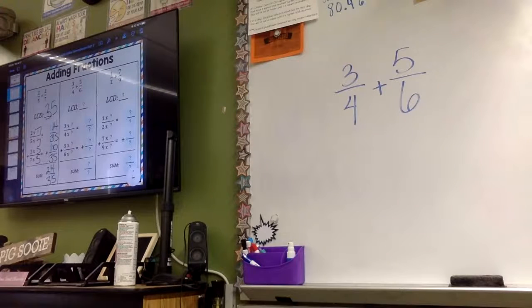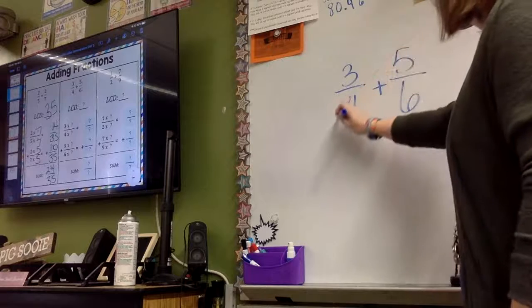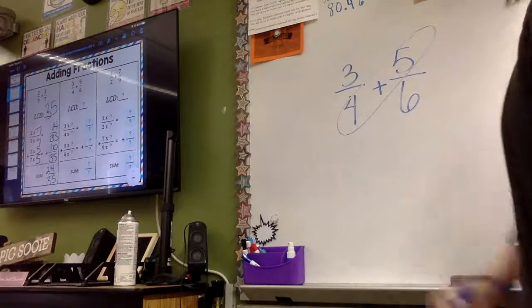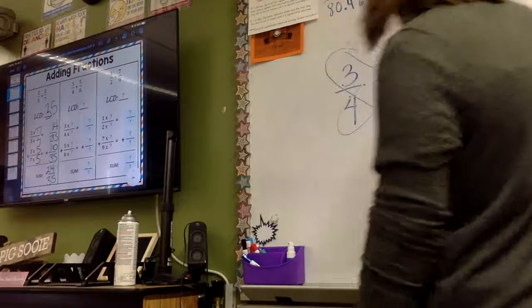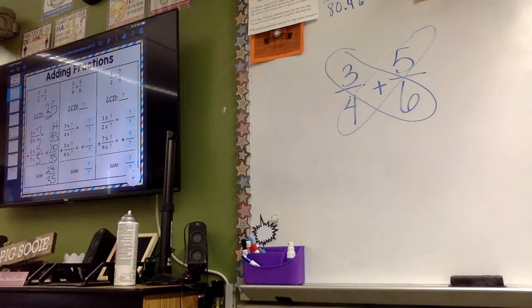There are my fractions. So in order to do the butterfly method, I have to make a couple of drawings on my fractions, okay? So drawing number 1, I'm going to do this. Number 2, I'm going to do that. See the butterfly so far? We see wings right now, right?